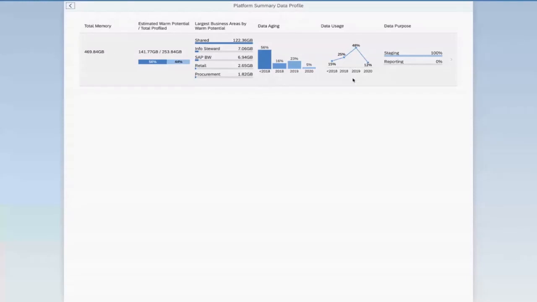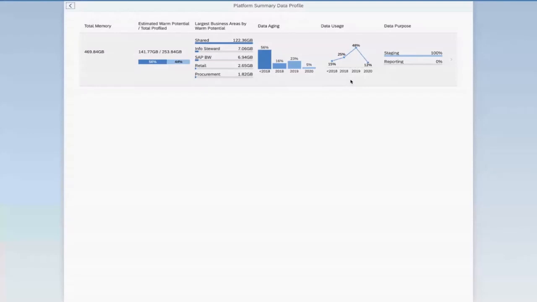Which then brings us to the next part, where we talk about the data usage, which is actually looking at the system and how much of the information in which years is being queried. And indeed, you see here that even though we have 56% sitting in before 2018 buckets, and those are all the years before that, so it could be 2010, it could be 2012, only 15% of all your queries are sitting in that range.